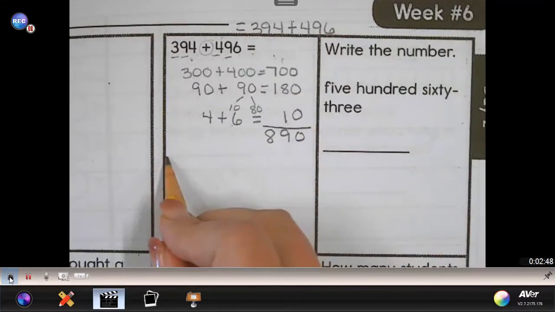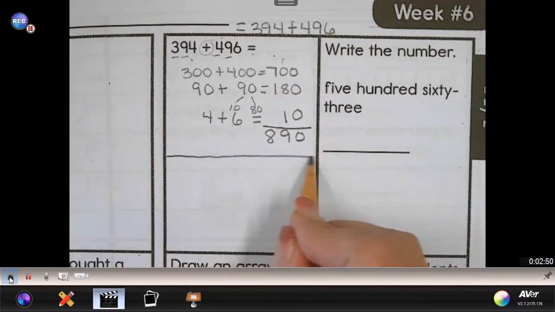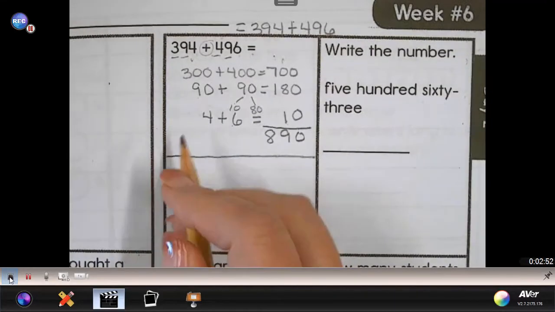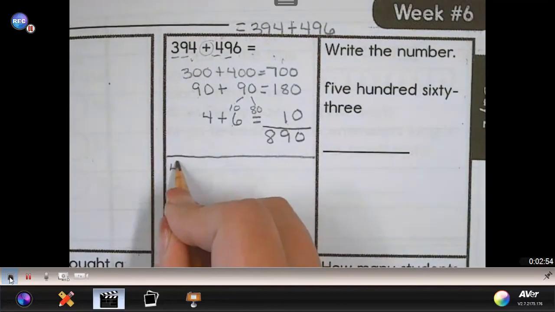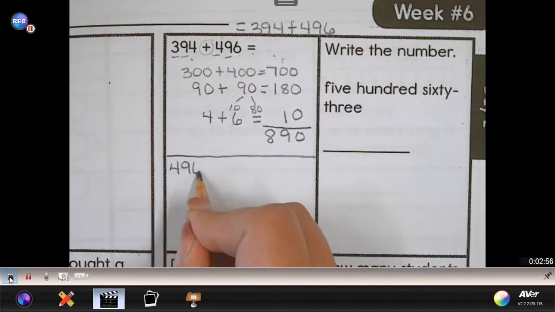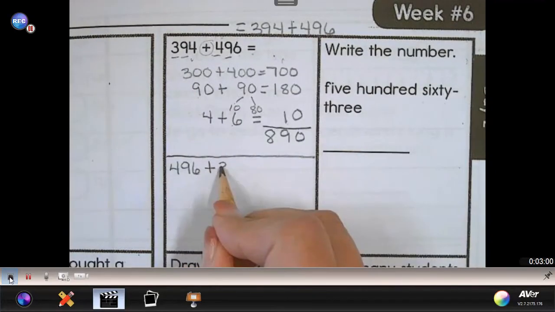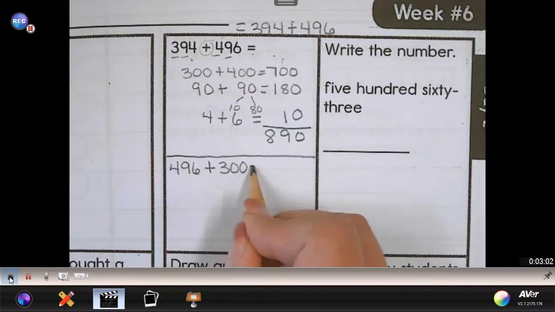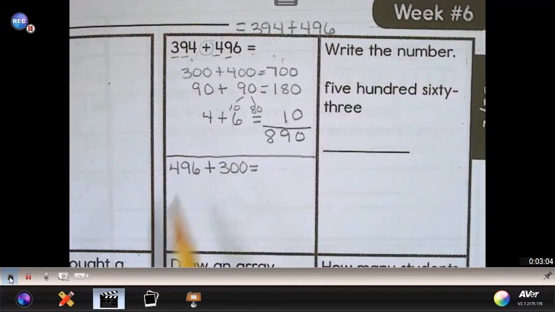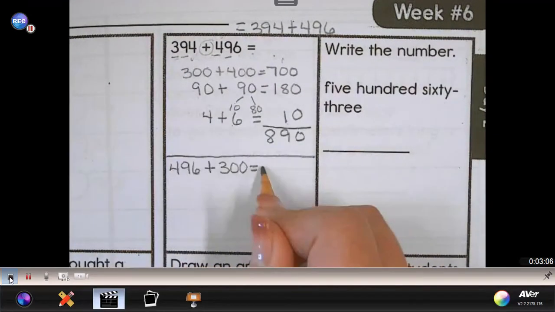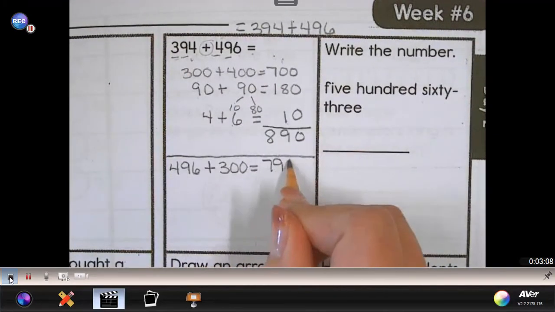Another way to think about this is we can take our larger addend, we call it an addend, and add by place value. So we could add 300 from this 300 here, which would give us 796.